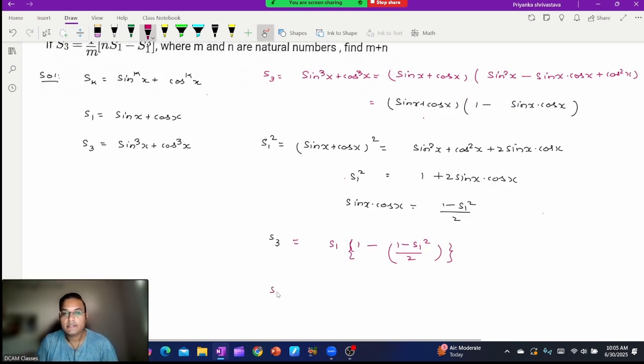So S3 is equal to S1 into (2 minus S1 square plus 1) by 2.